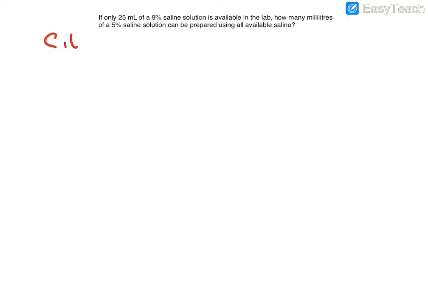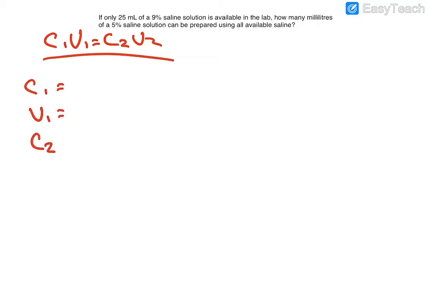So here's our formula. Okay, and then let's write out what we have. There's a value here of 25 milliliters, a concentration of 9%, and there's another concentration of 5%.